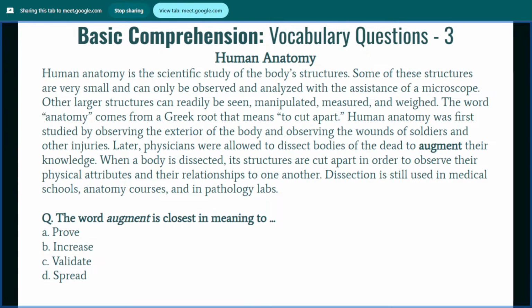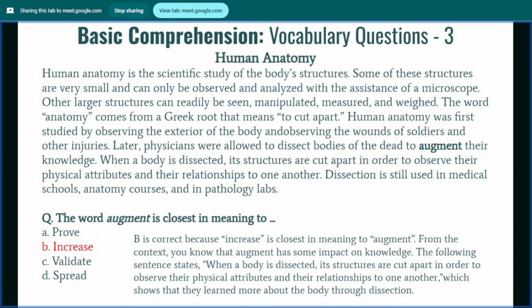Pranjali, are you also done? Yes, ma'am. Okay, tell me your answer. B. Increase. Okay, what was your answer, Iftikhar? It's B. Okay. Increase, because increase is closest in meaning to augment. From the context, you can see that augment has some impact on knowledge.